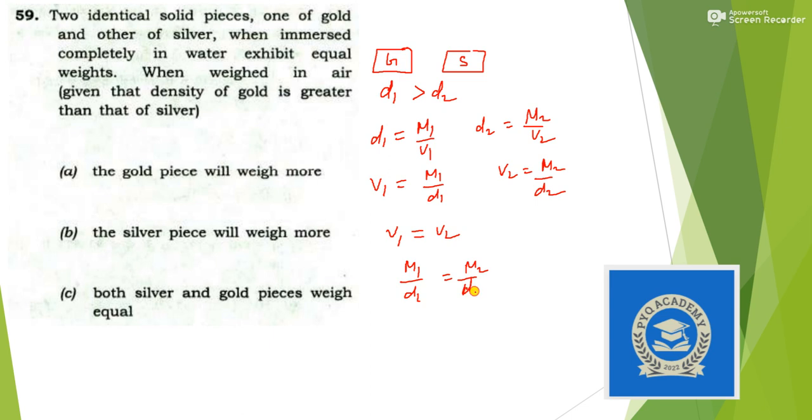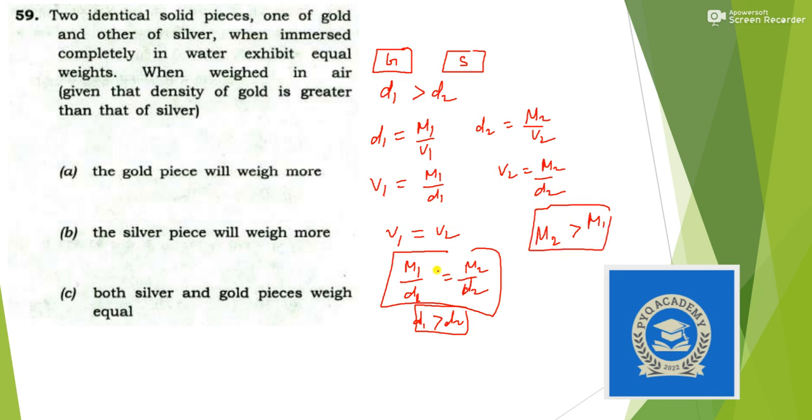So if this quantity is the same but d1 is greater than d2, then m2 must be greater than m1.